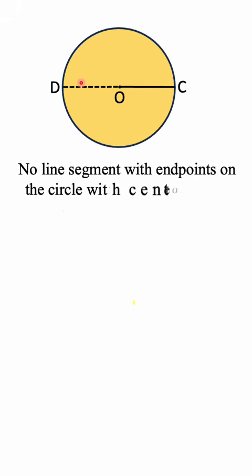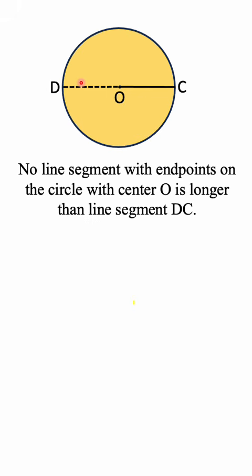In this tutorial, I wanted to address this GRE question where we have a circle with center O and a line segment DC. The question tells us that no line segment with endpoints on the circle with center O is longer than line segment DC.